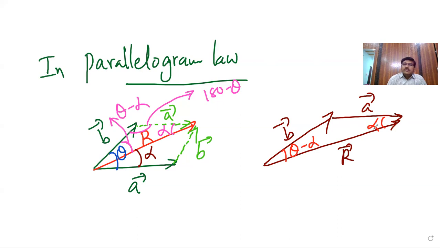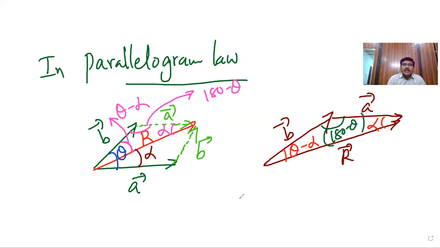The total sum of the angles in a triangle is 180. If you add theta minus alpha plus alpha, this is theta, so automatically the other angle will be 180 minus theta.